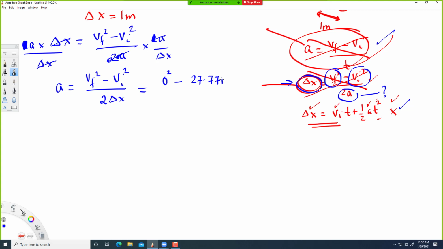That's the initial speed. We have the square. Don't forget that square, otherwise you won't get the right answer. And 2 delta x is how far it will travel before your head hits the steering wheel. You can change this number. This is just an estimation. I'm using 1 meter for simplification, but you can use 0.5 meters. It may not be exactly 1 meter, so this comes from estimation.